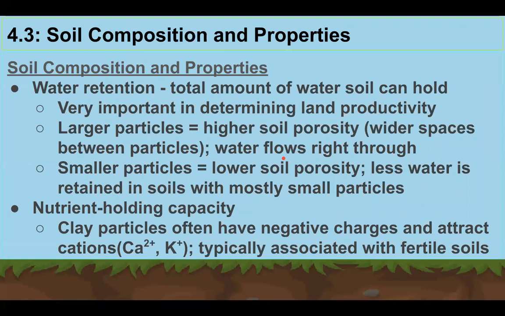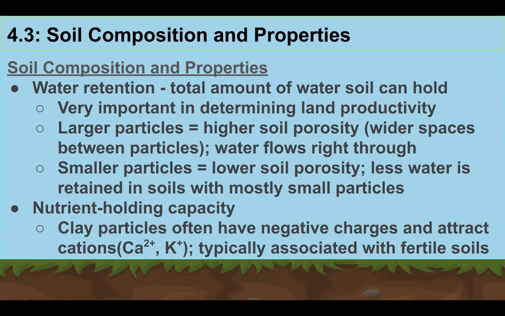Okay, so the texture of the soil plus the water retention of the soil is going to be dependent on how much clay, how much silt, and how much sand there is in the soil. Remember, the water retention is the amount of water that can be held by the soil. Land productivity is heavily dependent on that, because if the soil can hold water, then that's good.